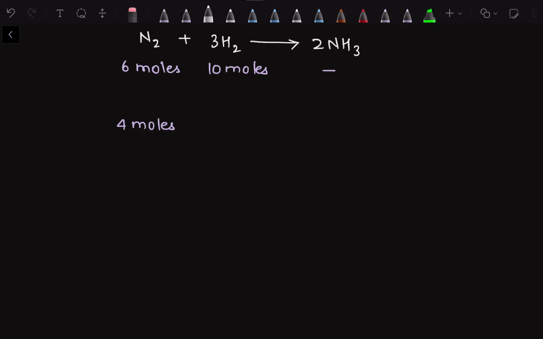So, we can conclude that the moles of nitrogen have changed from 6 moles to 4 moles, and hence 2 moles of nitrogen have been consumed during the reaction, right?